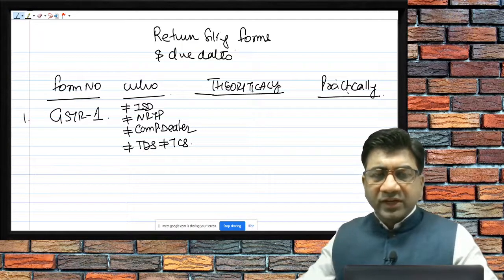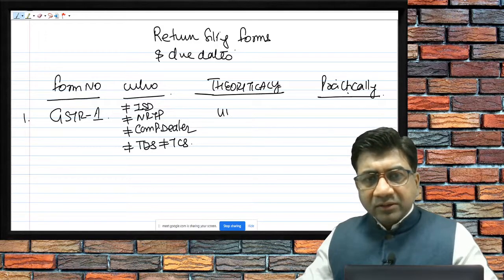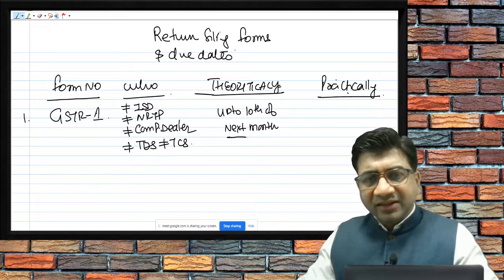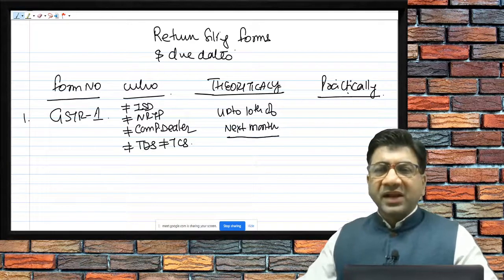Now, what was the theoretical due date? Up to 10th of next month. This was a monthly return. Now, do you know what is the practical dates?